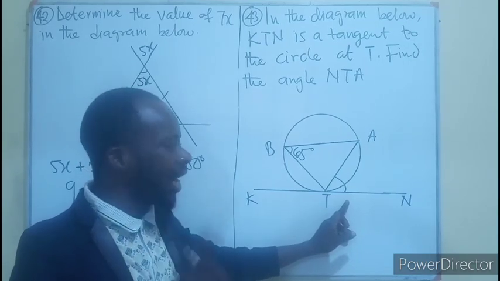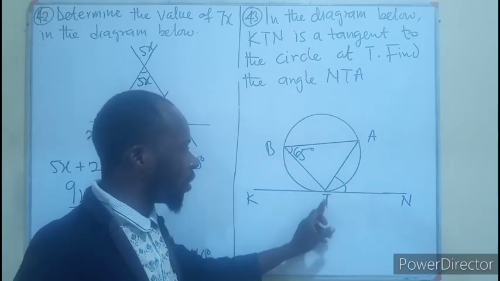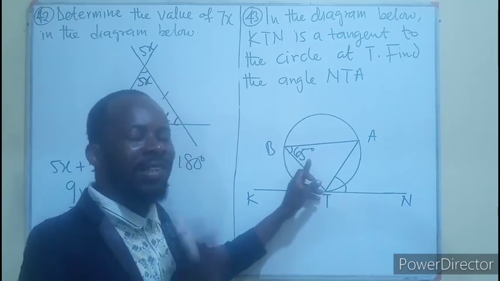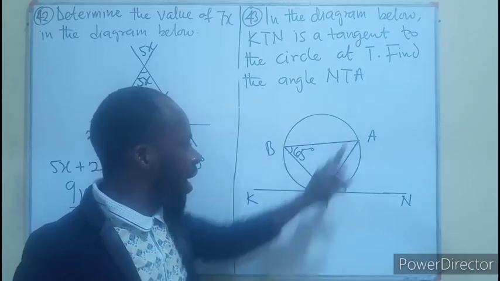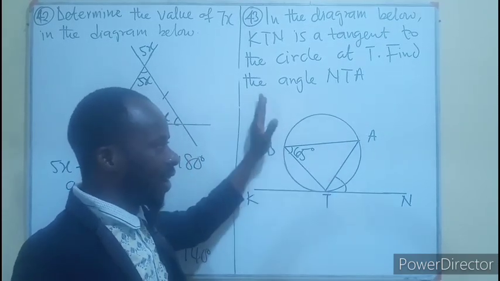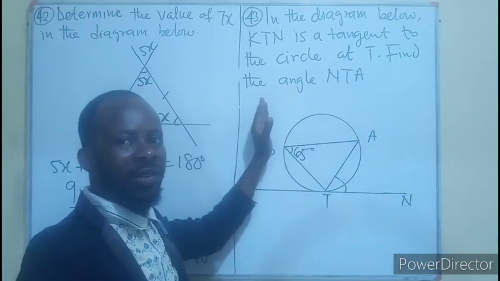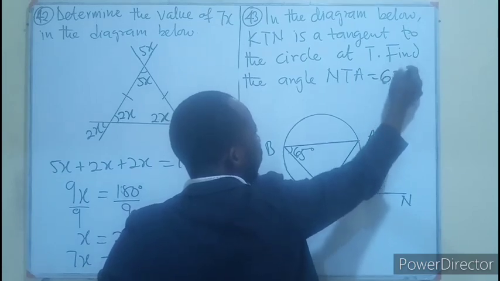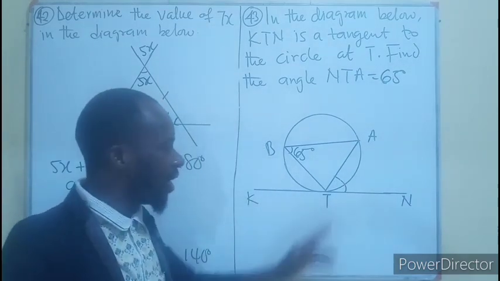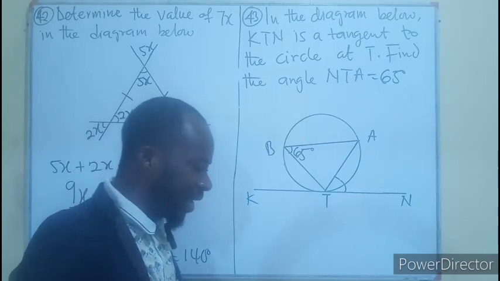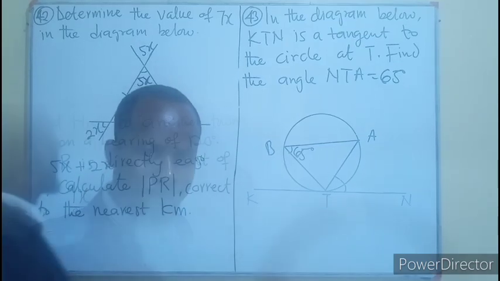Or better still, angle produced by a chord and a tangent is equal to the angle in the opposite segment. AT is a chord. So this is a segment, this is another segment, minor segment, major segment. So this angle they are looking for is just also what? 65 degrees. Angle in opposite segments are the same, and that will be the option C.